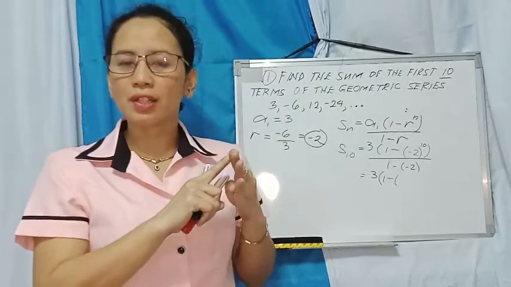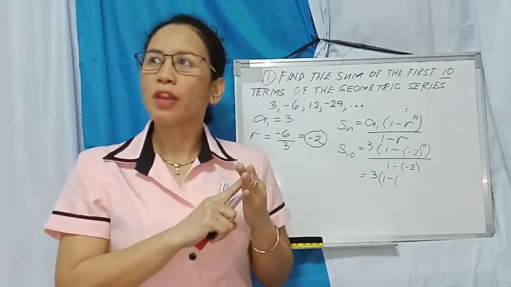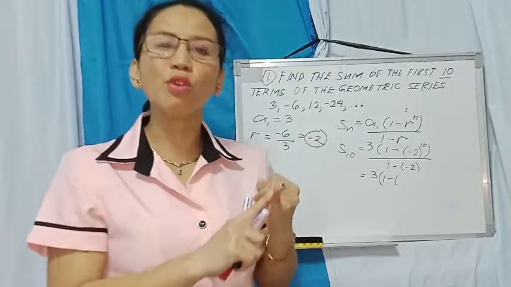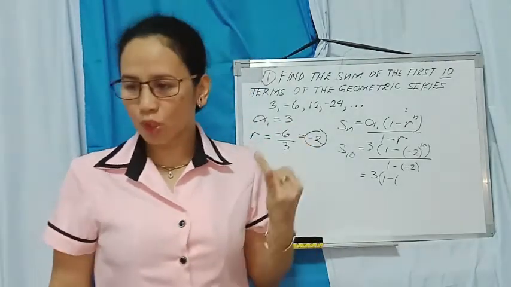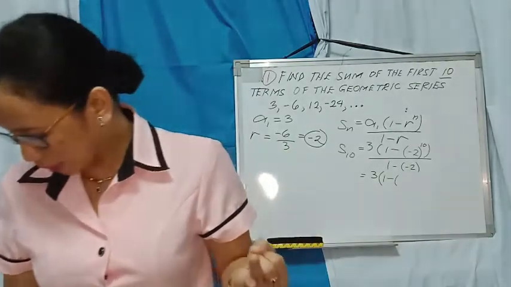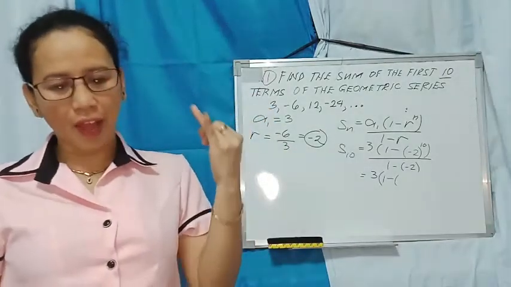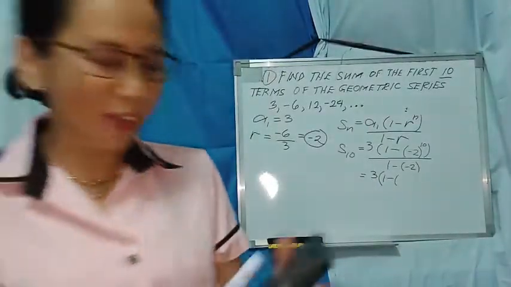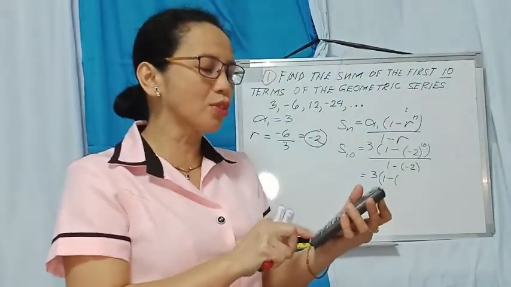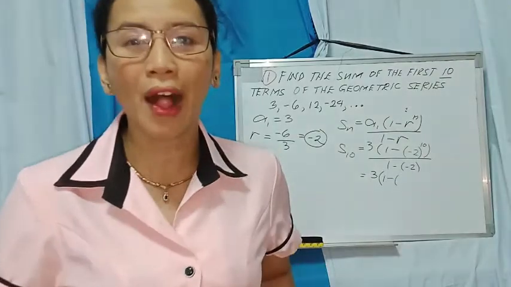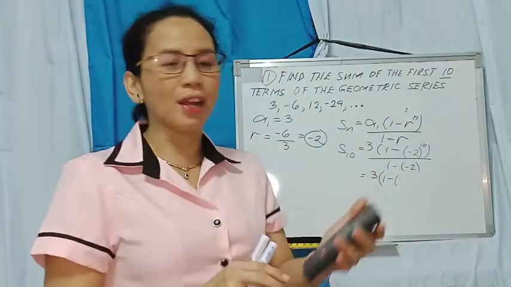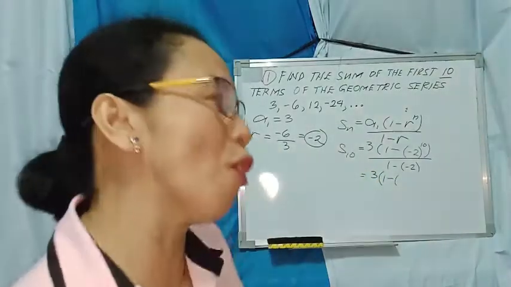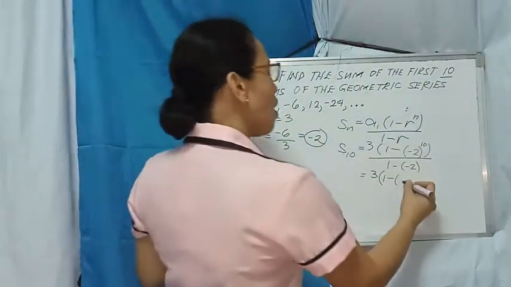Times 2, 16. Times 2, 32. Times 2, 64. Times 2, 128. 128 times 2, 256. 256 times 2, that is 512. Times 2, that is 1,024.